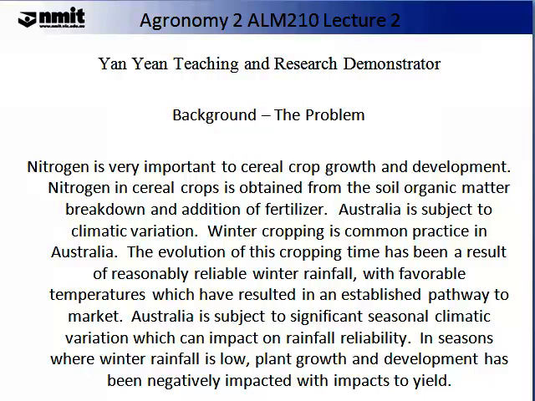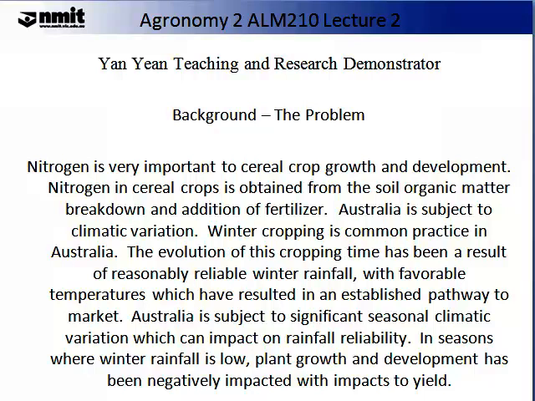Australia is subject to significant seasonal climatic variation, which can impact on rainfall reliability. In seasons where rainfall is low, plant growth and development has been negatively impacted, with specific impacts to yield. So to summarise this problem, when we have low rainfall in the winter, Australian cropping is impacted.